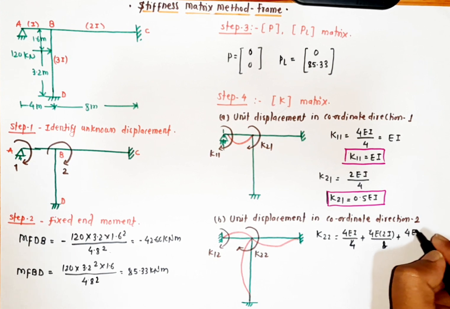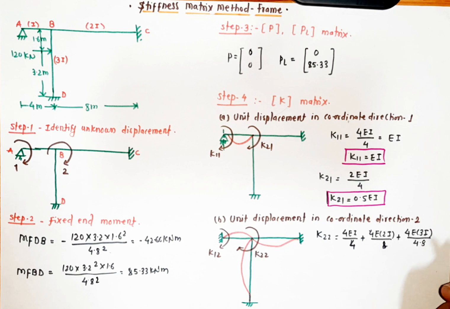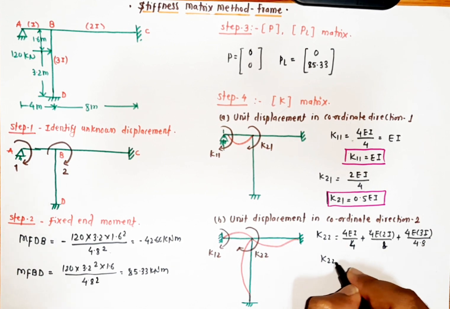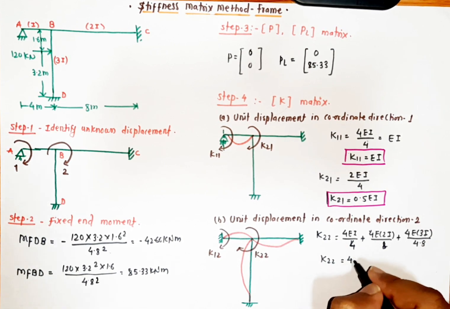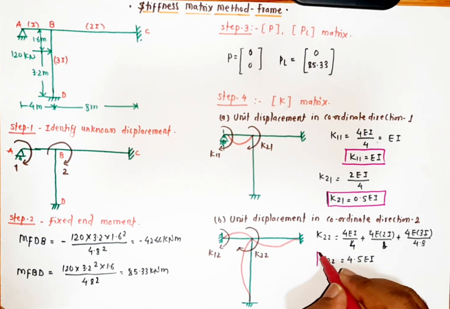Therefore 4E into thrice I divided by 4.8. So ultimately K22 will be 4.5 EI. So this is all about calculation of the stiffness matrix for the frame.